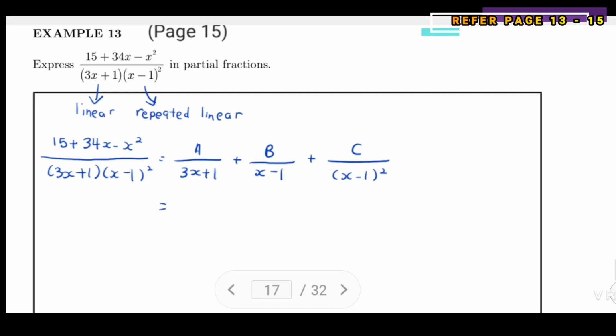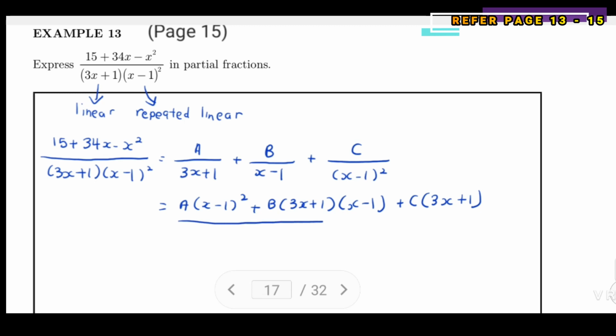Next, we have to equalize the denominator. So we're going to have a times (x - 1)² plus b times (3x + 1) times (x - 1) plus c times (3x + 1), over (3x + 1)(x - 1)².